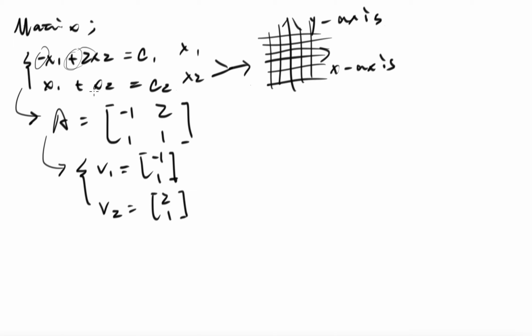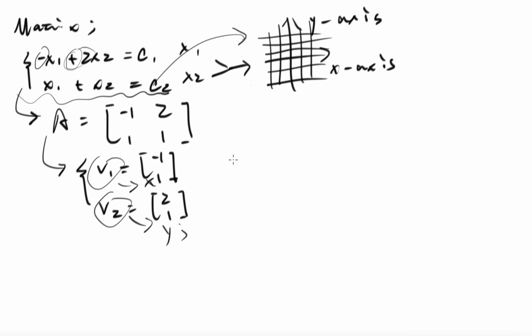However, if you apply this system of linear equations to this surface, it's going to stretch the surface, okay? Let's say the first vector stretches the x-axis, and the second vector stretches the y-axis.